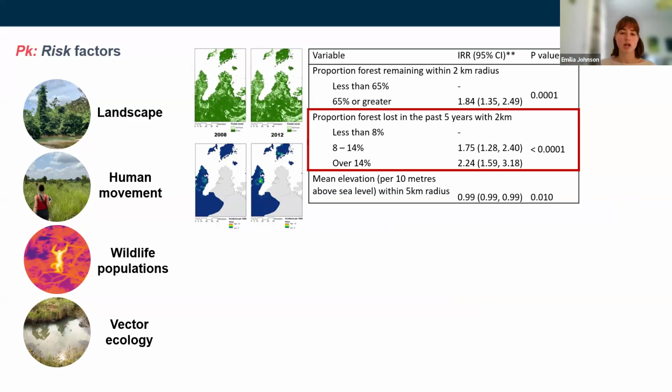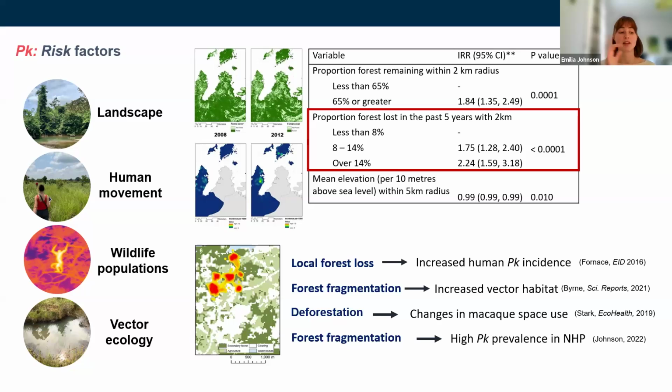With regard to vector ecology and some of the other facets here as well, it's been shown that forest fragmentation favors vector breeding sites and abundance for known vector species, and landscape features also impact wildlife in this disease system.